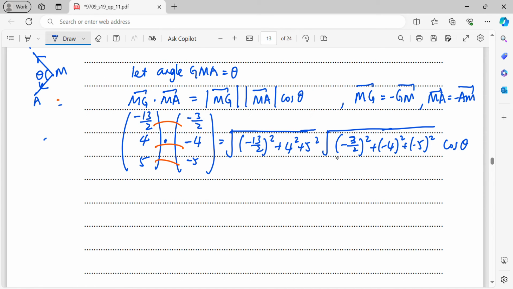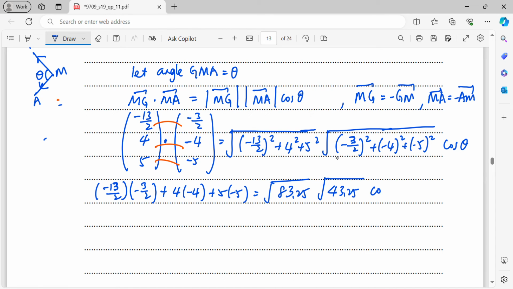I show step by step: negative 13 over 2 times negative 3 over 2 plus 4 times negative 4 plus 5 times negative 5. The first square root is the square root of 83.25, and the second magnitude is 43.25, then cos theta. For the left hand side, the total is negative 31.25.